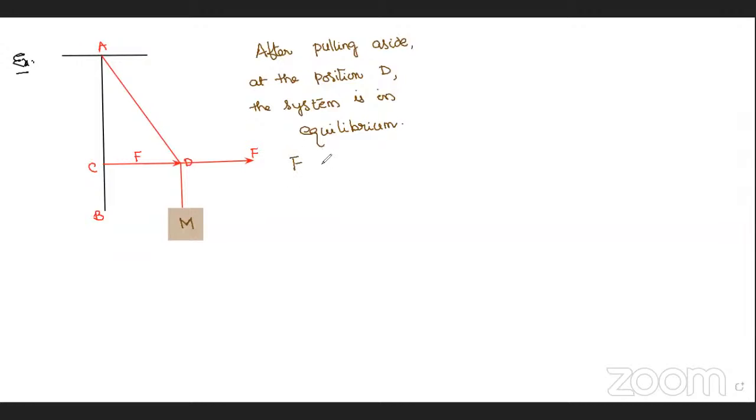Find the angle made at A, and made at A means with the vertical, and the tension in the string, AD and DE.